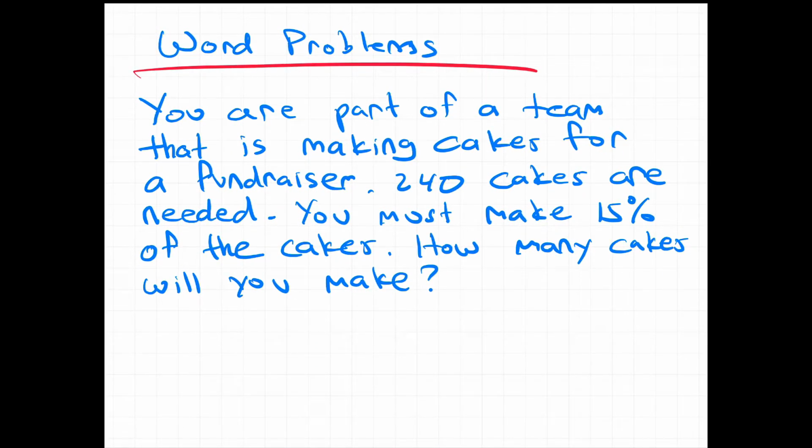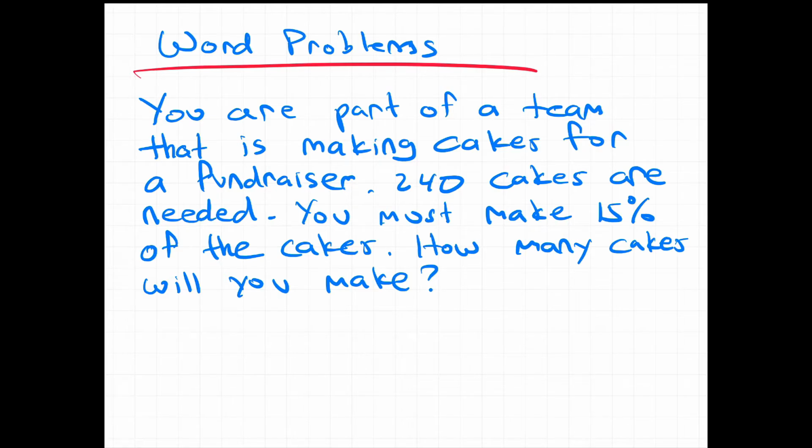Now, students quite often have problems with word problems in the sense that they can't figure out what information to take out of all these words and what calculations to perform. So the best thing to do is have yourself a highlighter or something and read through it sentence by sentence and try to analyze and figure out what is important. It says you are part of a team that is making cakes for a fundraiser.